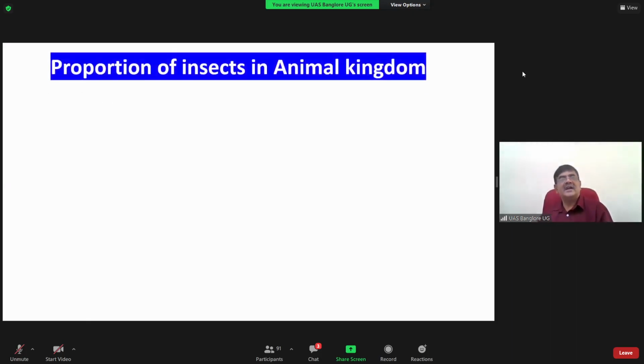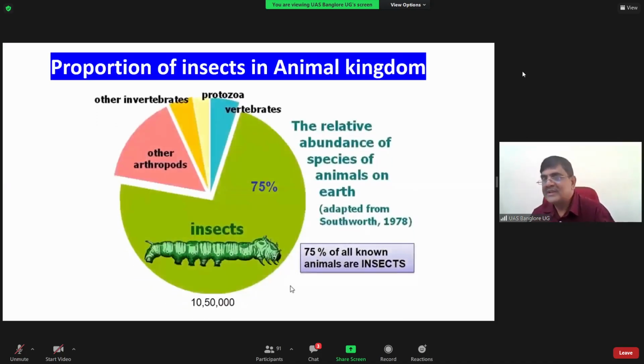Next, coming to the proportion of insects in the animal kingdom. In this pie chart, 75% of organisms under the animal kingdom are insects.